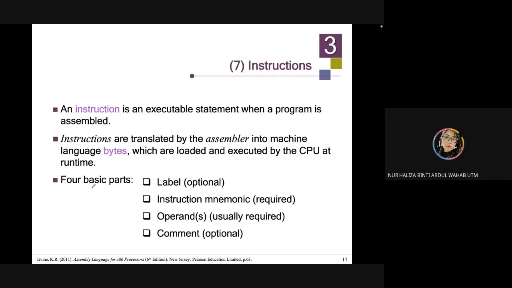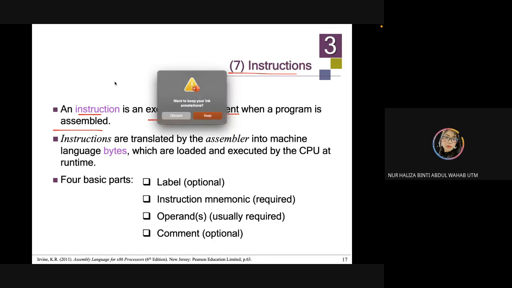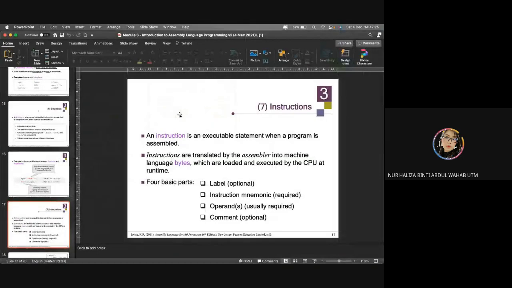Okay, 7, we have instruction. An instruction is an executable statement when a program is assembled. So you can give any instruction to your computer. For example, currently I'm clicking my escape button, so this can also be called an instruction.